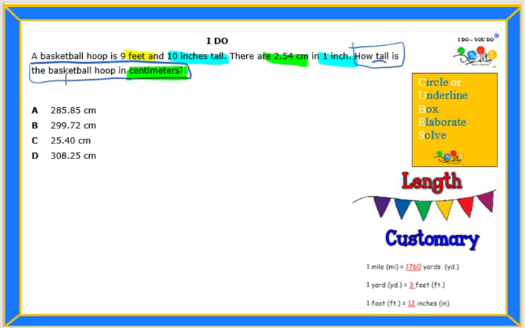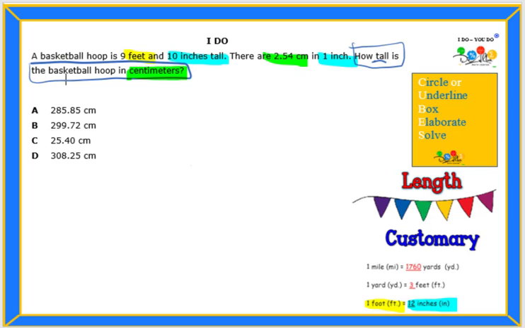If you look down here on our anchor chart, you can see that 1 foot is equal to 12 inches. So if 1 foot is equal to 12 inches, we want to know what 9 feet would be.